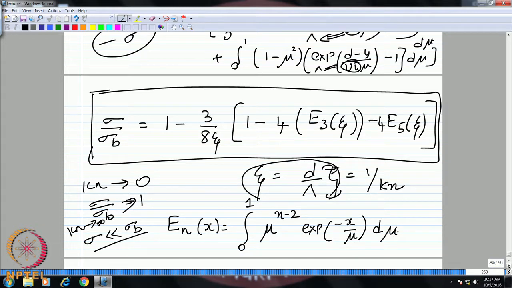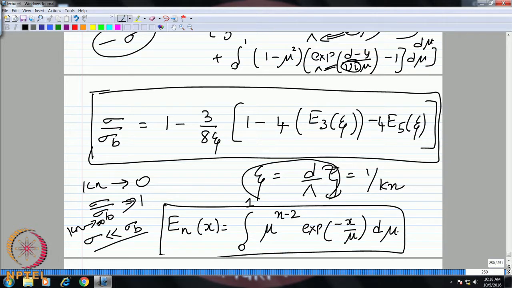When you first integrate with respect to y, you get this mu parameter, and the other term will be mu cube times this. So there are two integral functions, which is why I denote them as E3 and E5, and you can evaluate the corresponding E3 and E5 integrals using this expression.